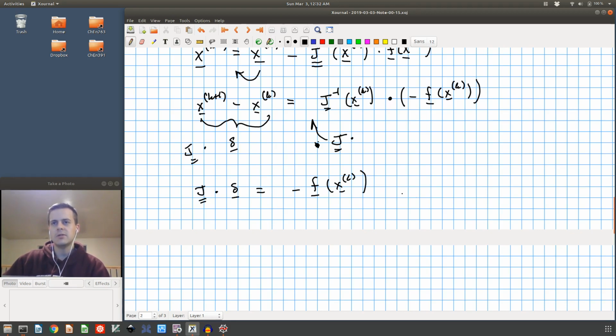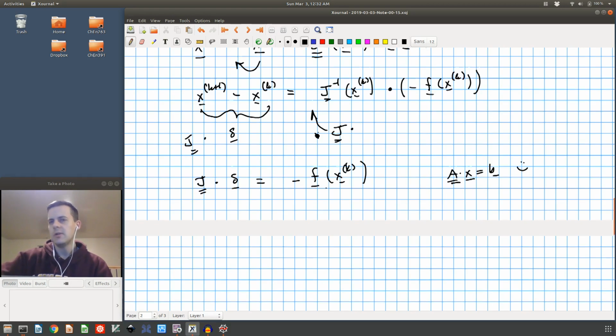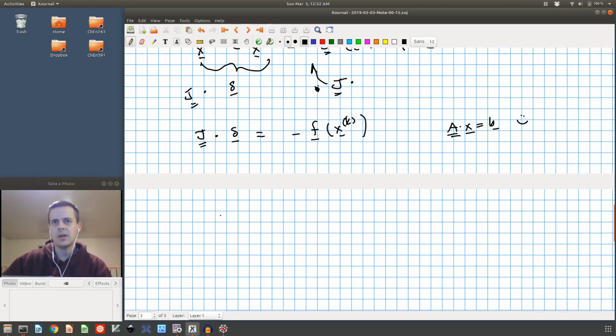So this looks like Ax equals b. Ta-da! We know how to solve Ax equals b. This is just a linear system, with the matrix of the derivatives. This is my new x. This I know because I have f of x of k. So where am I going to get x k plus 1?